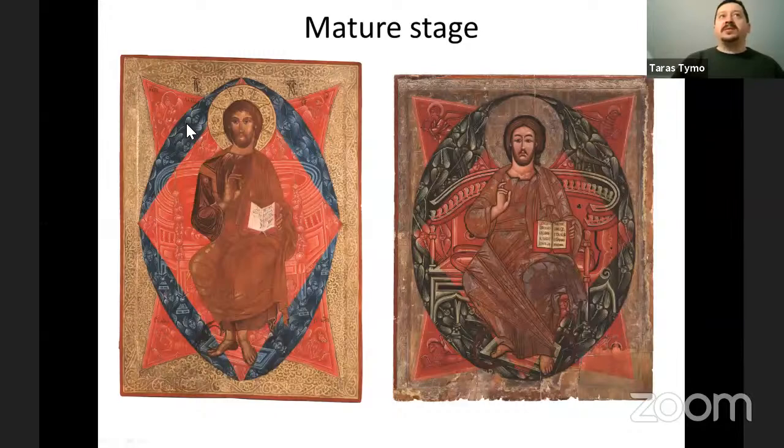All this space is filled with angels drawn just in white pigment against the background of this fiery red rhomb square and the oval of the dark one.